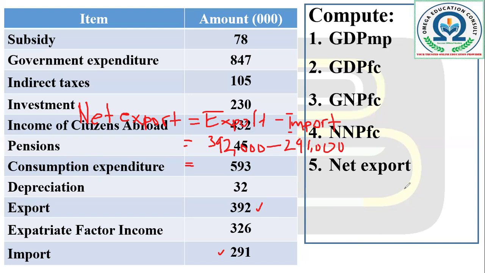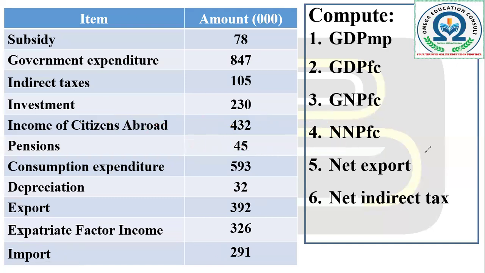Now the next question is compute that of net indirect tax. So the formula for net indirect tax is also captured in the formula for that of the GDP at factor cost. So net indirect tax, I'll use abbreviation for want of space. Net indirect tax simply is subsidy, always write in full, so subsidy minus the indirect taxes.